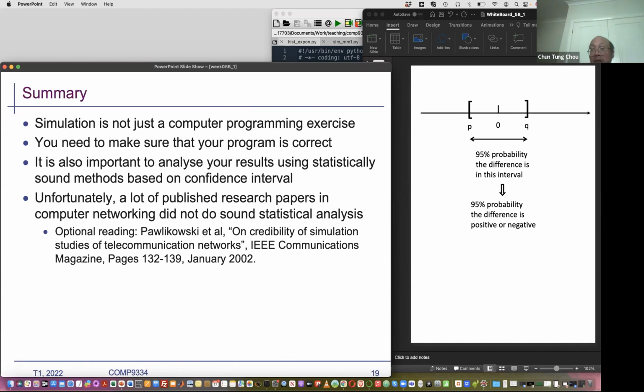A lot of researchers actually don't calculate confidence intervals. If you read what this paper is talking about, in a lot of simulation research, people didn't calculate confidence intervals. Those people didn't know the right way, but now you have gone through this class, so you know the right thing to do. You should be doing that.